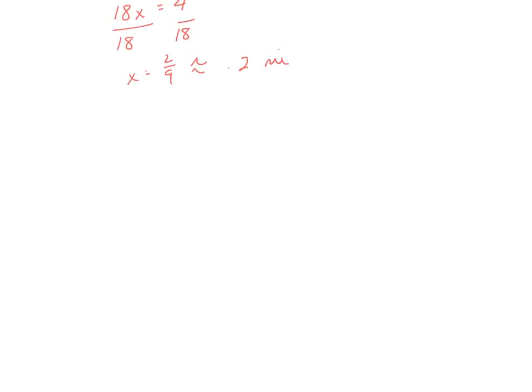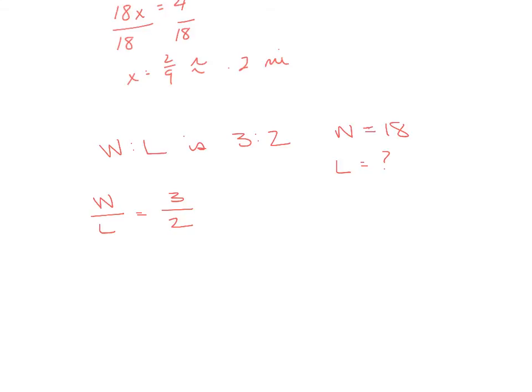The ratio of games won to games lost for a baseball team is 3 to 2. So W over lost is 3/2. The team won 18 games, and we want to know how many they lost. So we have W over lost equals 3/2.